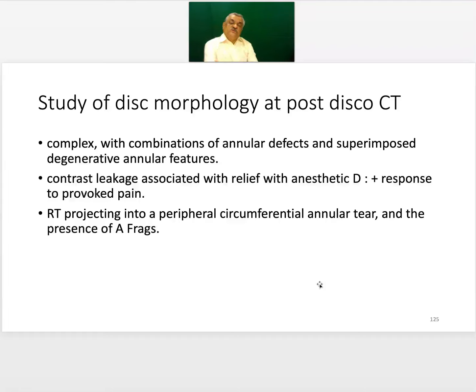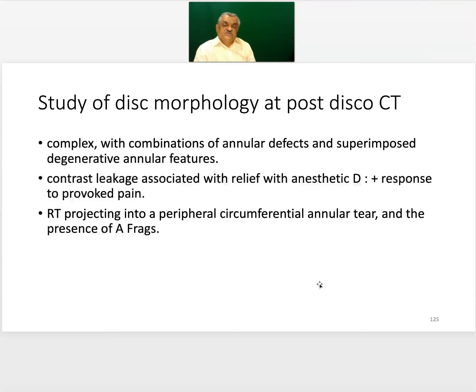So what we do is we are able to appreciate a complex combination of annular defects with superimposed degenerative annular features. The contrast leakage associated with the relief with anesthetic. Now, in some patients where we do a discogram, we use the local anesthetic to inject the disc.